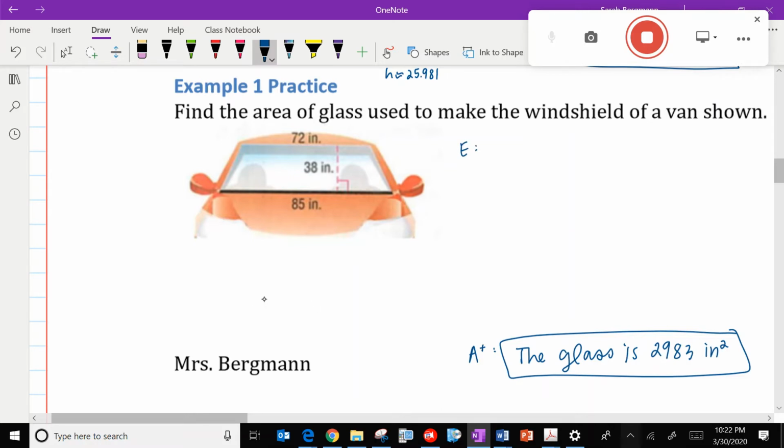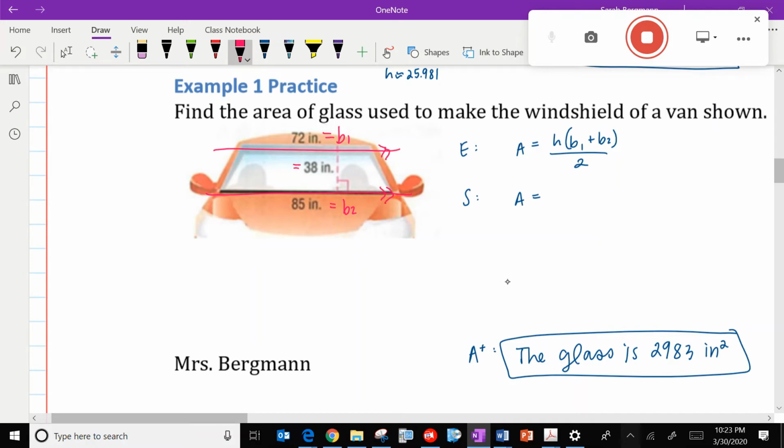So the equation, I know that the area is, I can use any of these formulas. I'll just go ahead and do this one. Height times B1 plus B2 divided by 2. Substitute. All right, I need to figure out what's the height, what's the base, and the other base. So I know that 72 and 85 are the bases because those are the sides that are parallel to each other.